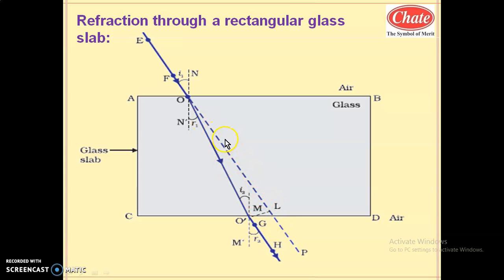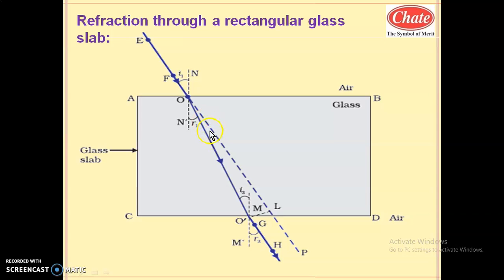But light here doesn't travel in a straight path; it changes its path since the medium changes from air to glass. Again, the light ray bends when it changes from glass to air. If we draw a perpendicular with a set square at O dash, you get O dash L, which is the side shift.